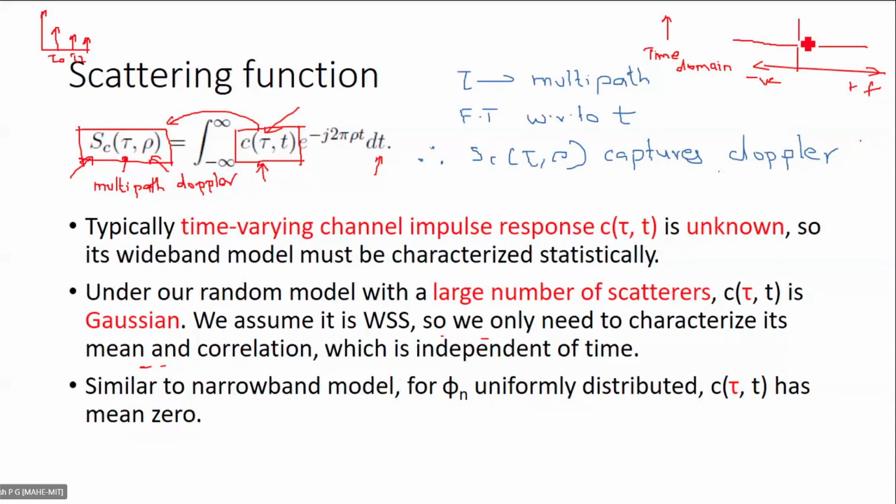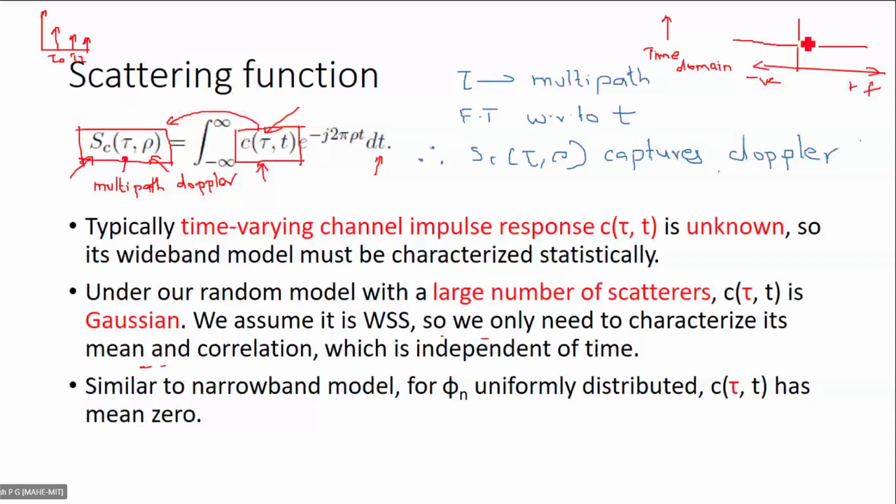Comparing C of tau comma t and the corresponding SC of tau comma rho, tau is still there in SC of tau comma rho, right? What you are trying to analyze is the t component. That means you are trying to analyze the Doppler effect. So SC of tau comma rho captures the Doppler effect.